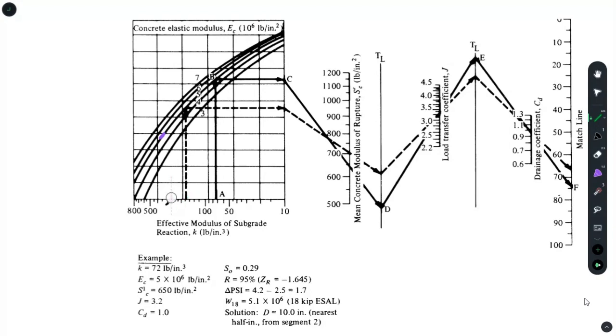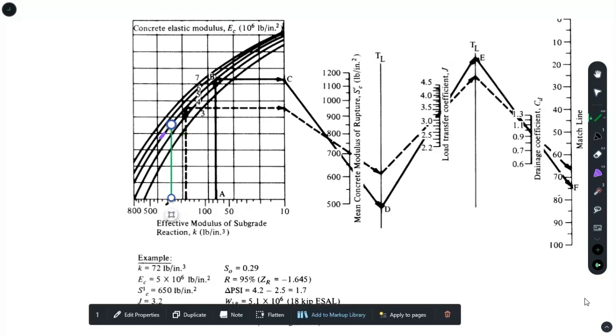Let's say from here up to this line. Then we'll extend up to this.